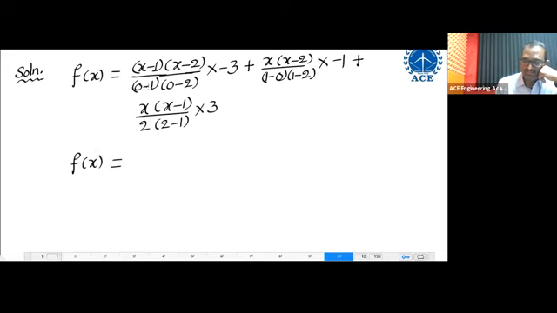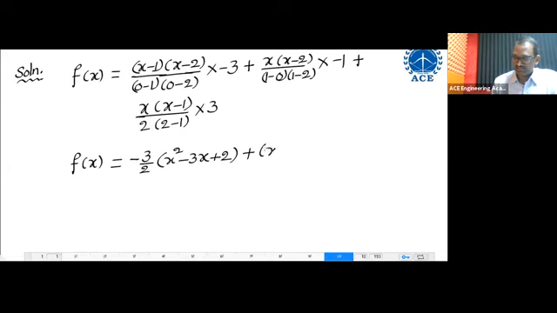Zero minus 1 into -2 plus 2 minus 3 divided by plus 2. X into x square minus 2x minus x plus 2, minus 3x minus 1 into -2 plus 2. 1 minus 2 minus 1 minus 1 into 1 minus 1 minus 1 by -1 plus 1.